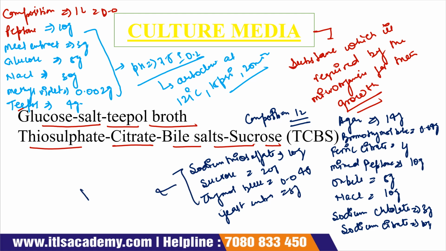The final pH will be 8.5. Then we autoclave it again at 121 degrees Celsius, 15 psi pressure, for 20 minutes. So this is the chemical composition of the culture media that we require for performing this experiment.